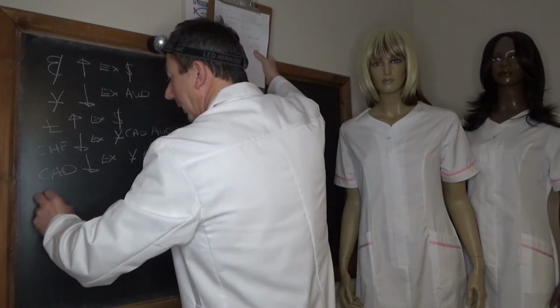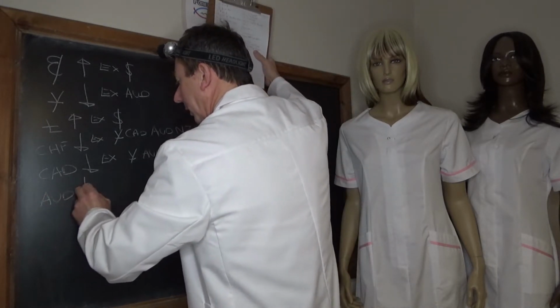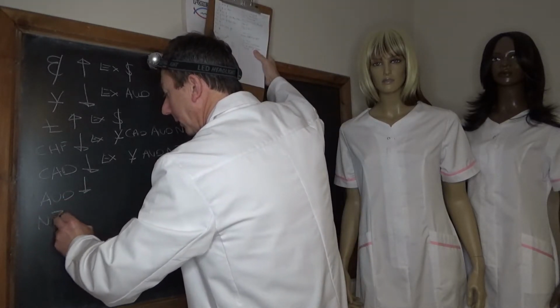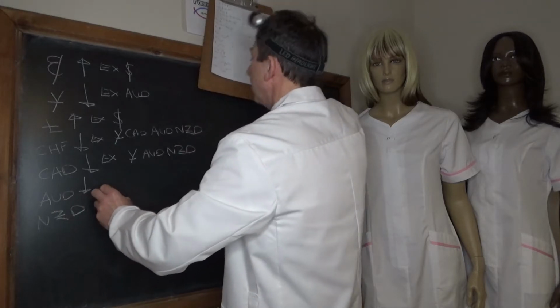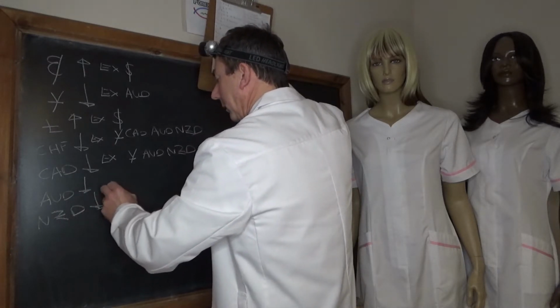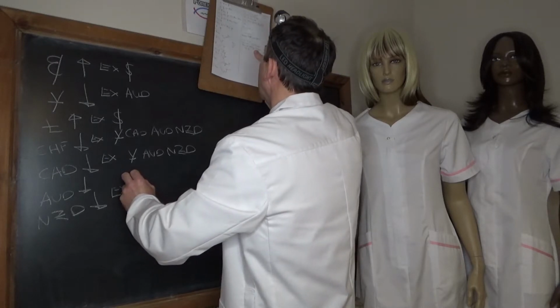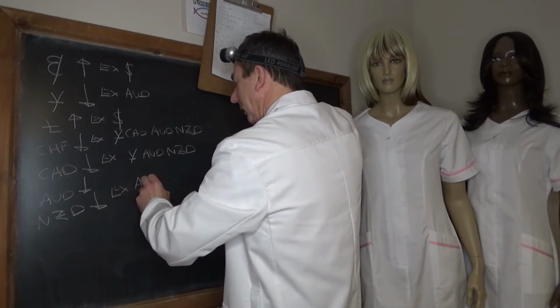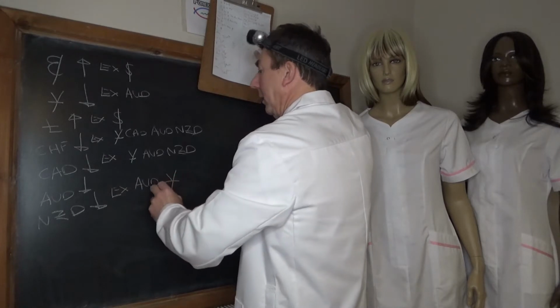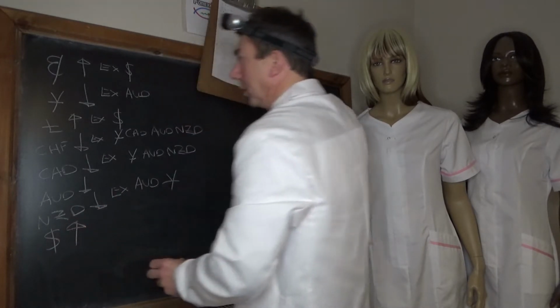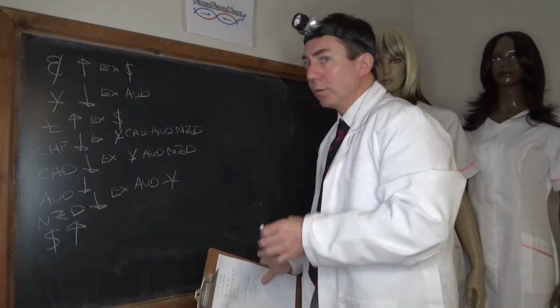The AUD is weak across the board, and the NZD is weak except against the AUD and the yen. And the dollar is strong across the board. Right, so what have we got there?